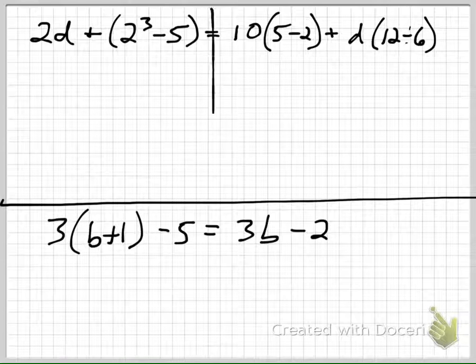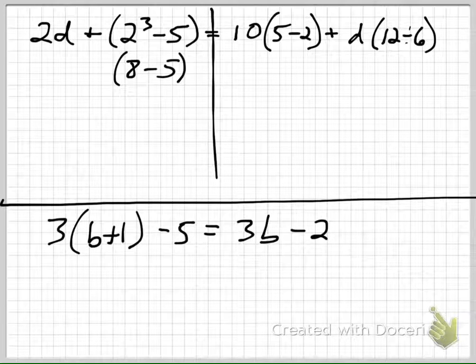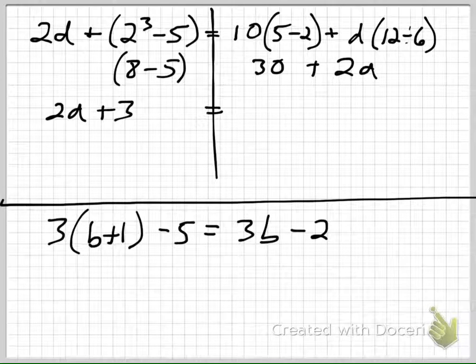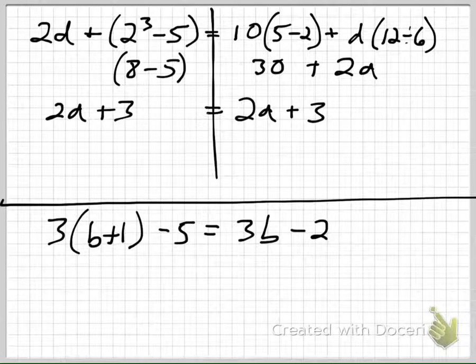First thing I'm going to do is line down the equal sign. Then I'm going to come over here and simplify this side. I can't simplify the 2d with anything right now, but I can simplify this. 2 to the third power is 8. 8 minus 5 is 3, so it's 2d plus 3 equals, over here, 5 minus 2 is 3, 10 times 3 is 30, plus, what is 12 divided by 6? 2, times 2d, so I have 2d plus 30.